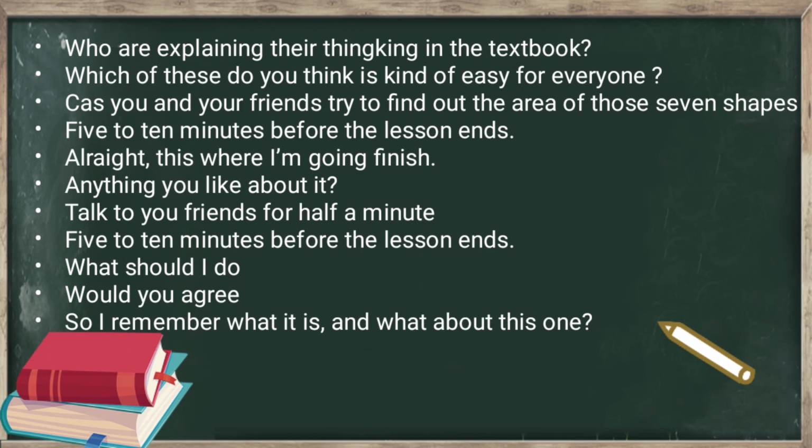Which of these do you think is kind of easy for everyone? Can you and your friends try to find out the area of the seven shapes 5 to 10 minutes before the lesson ends? Alright, I'm going to finish.